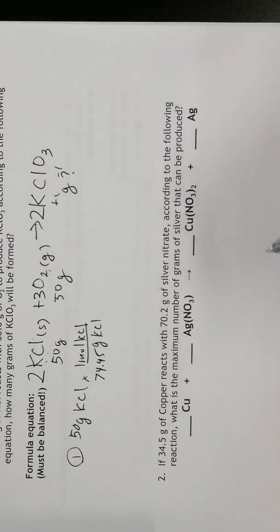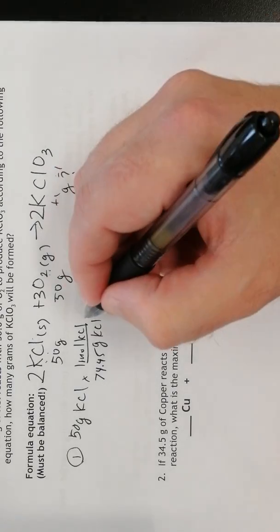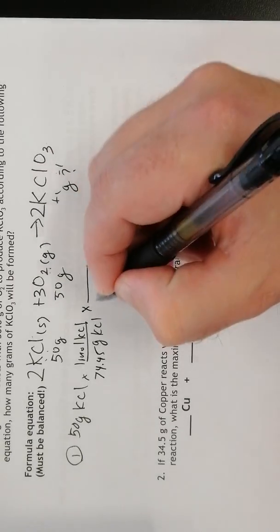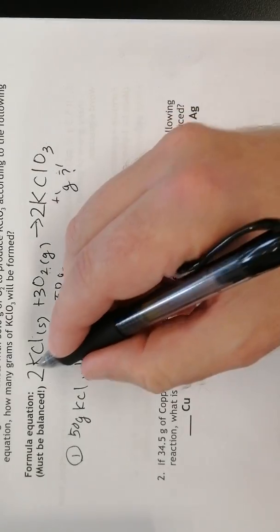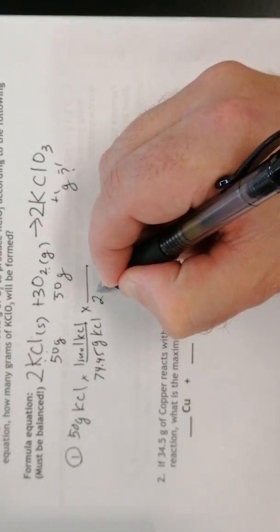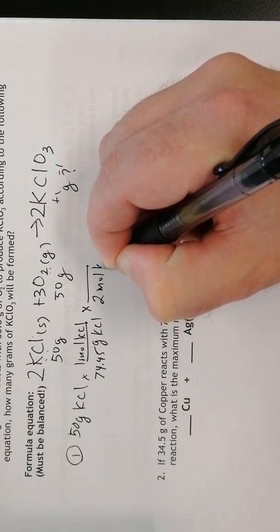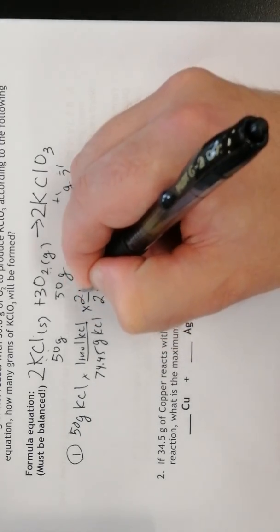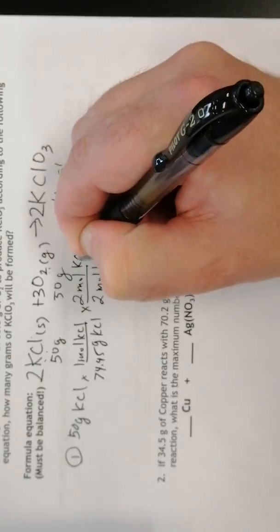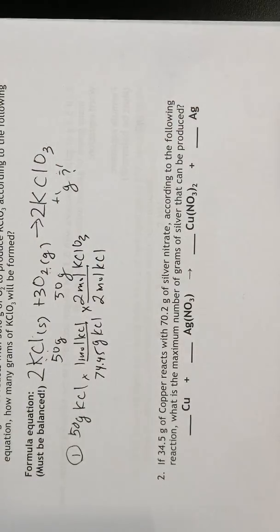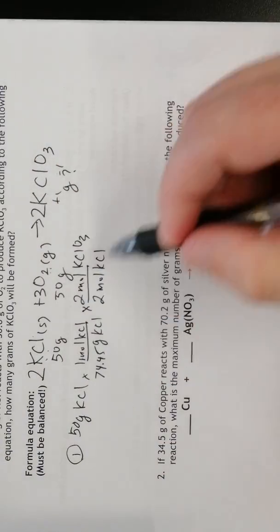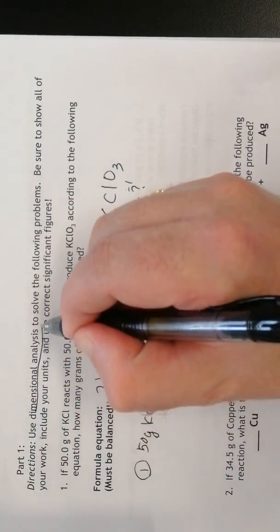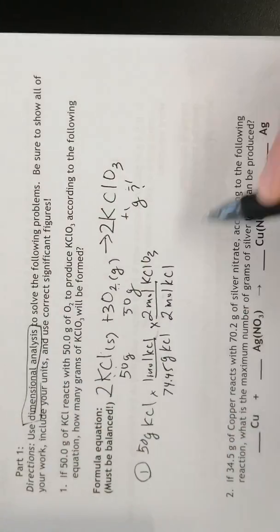What I'm going to do now is relate moles of potassium chloride to moles of potassium chlorate. Remember, this is called dimensional analysis. So you need to use each step.